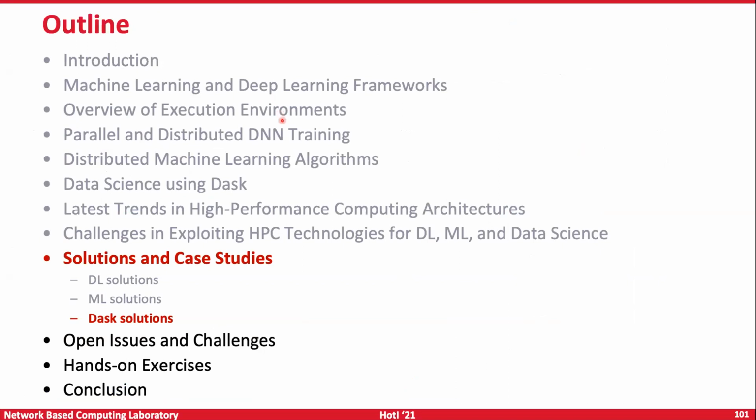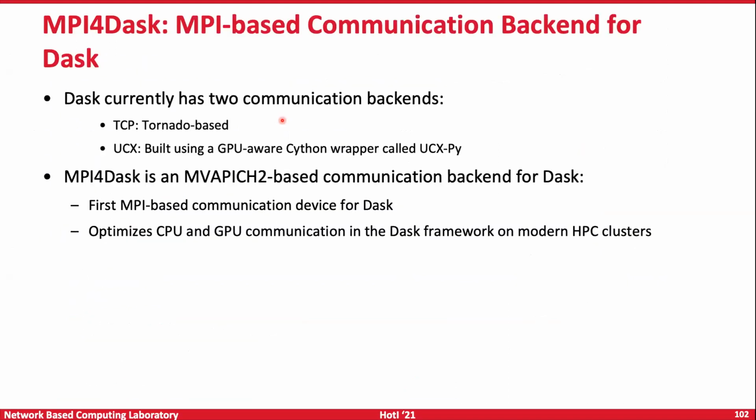So if there are not, then I will now talk about some of the Dask solutions that we have developed. As I mentioned, I briefly introduced Dask, and Dask is a big data computation framework, just like Ray or, let's say, Apache Spark. By default, it comes with two communication backends, TCP and UCX.